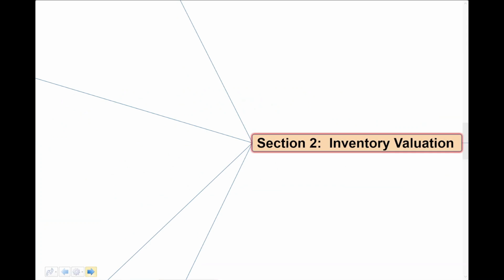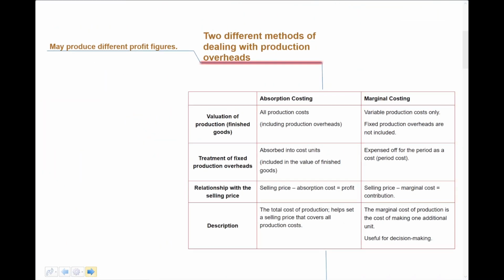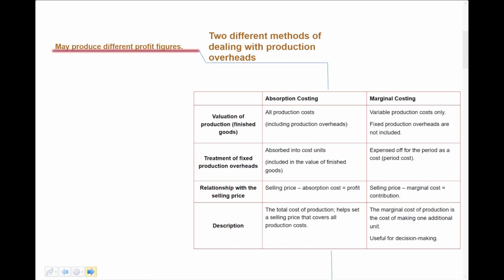Let's look into inventory valuation, given what we've said now. There are several areas here where we'll see the clear difference between these two methods. Now, on the basis that marginal costing will basically expense fixed costs, and indeed that absorption costing will build fixed costs into inventory using some sort of absorption overhead rate, they have to produce different profit figures.